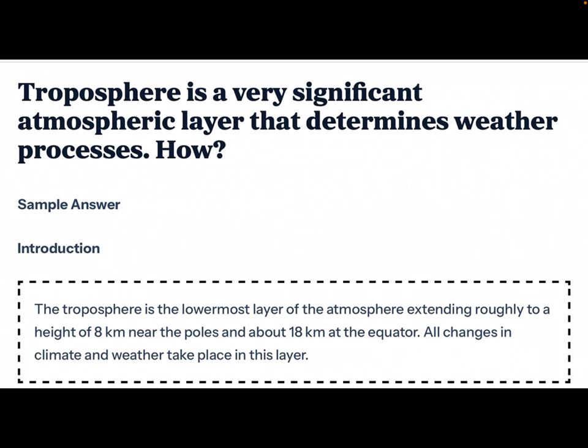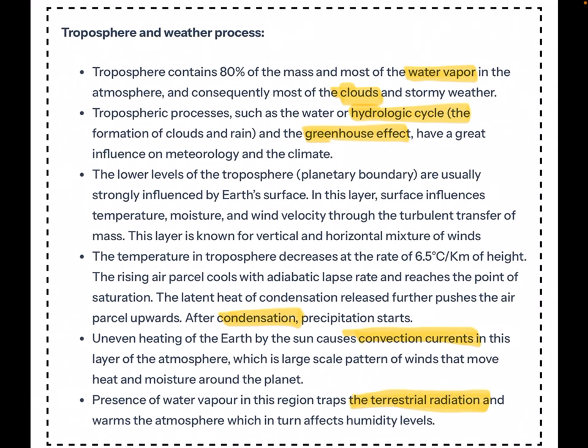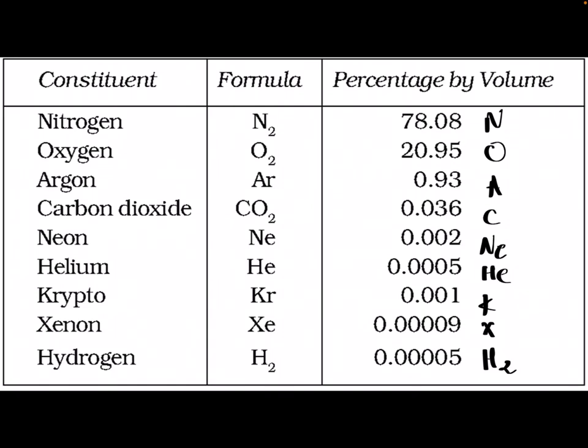So we'll start with: the troposphere has water vapor, clouds and various gases. Which gases? The troposphere has gases like nitrogen, in descending order of their percentage by volume.